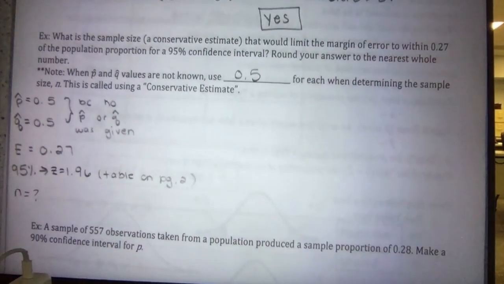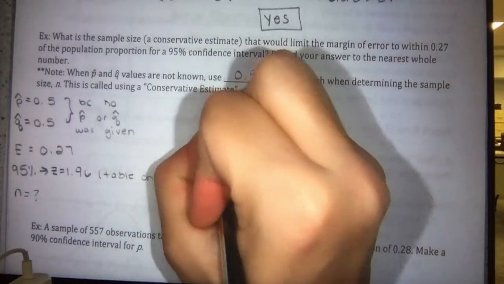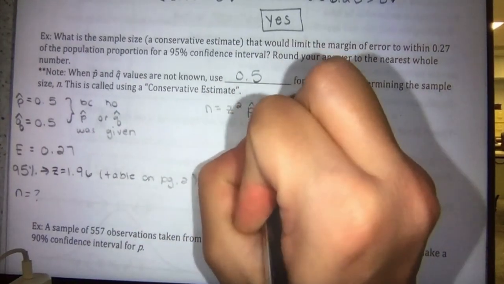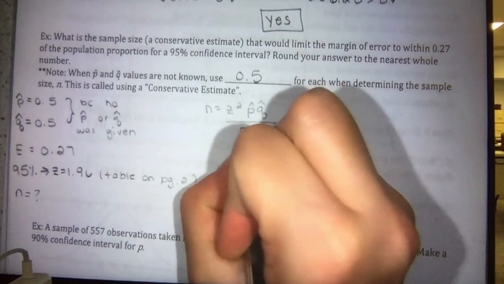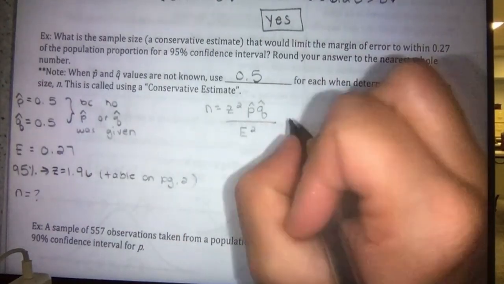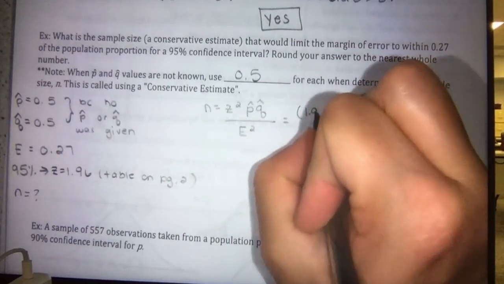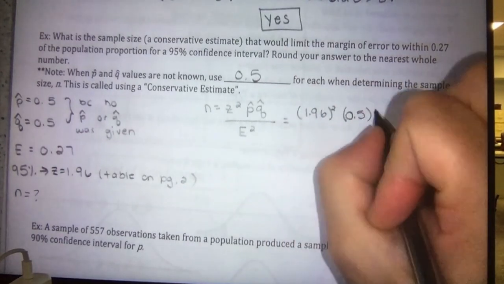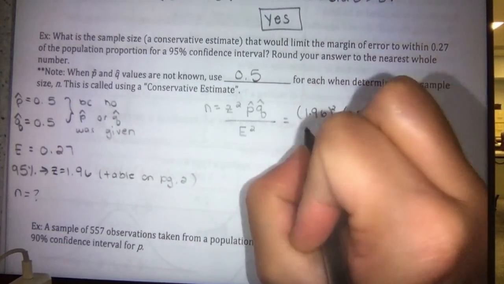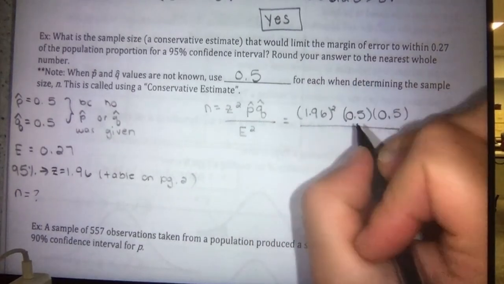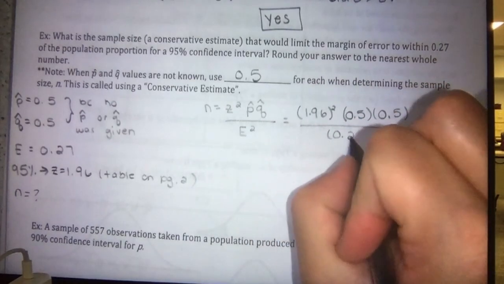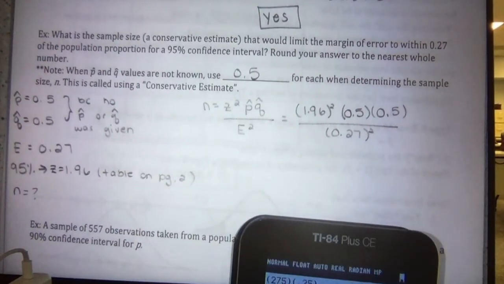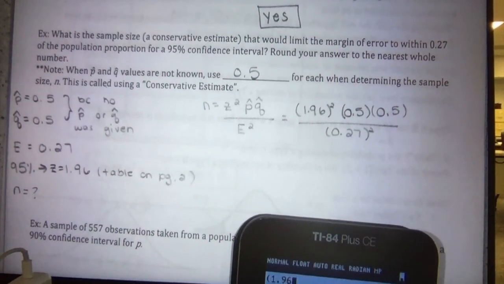So we have that formula we just used on the previous page: n equals z squared times p hat times q hat all over error squared. So z was 1.96 squared times p hat, 0.5, times q hat, also 0.5, all over our error, which is 0.27 squared. Plugging this into our calculator exactly like we see it.